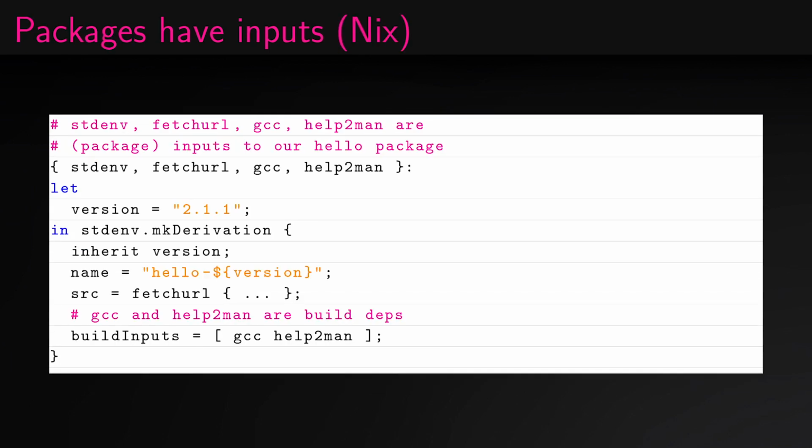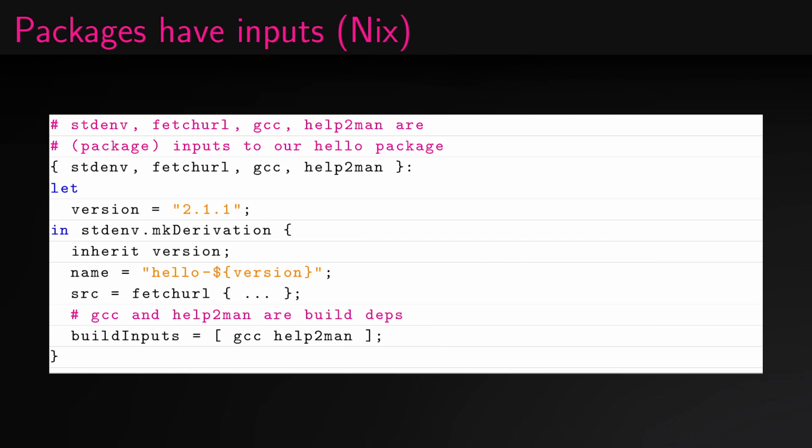But Nix really is not just an expression language. It's also a way to define packages and to manage packages and package dependencies. Here, this is a definition of the hello package, of which there's actually a GNU Hello project.